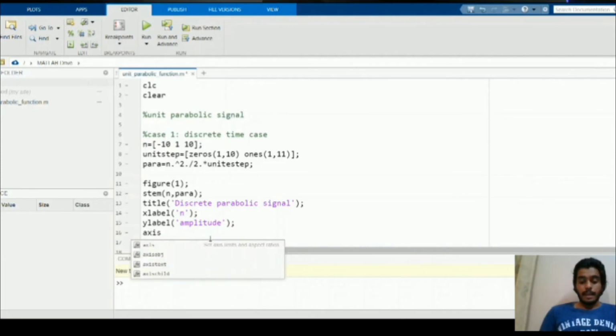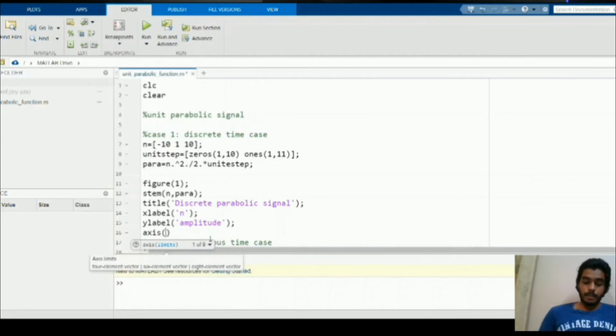In order to define the axis: we have defined that n should be coming from minus 10 to 10, so the graph should be plotted among the points from minus 10 to plus 10, right?